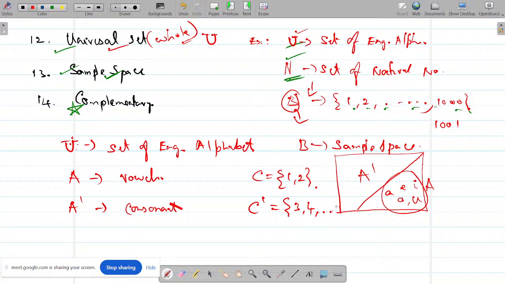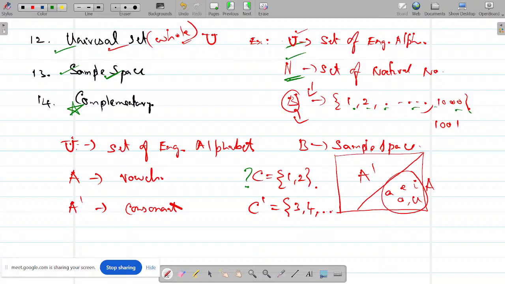Why do you say 1000? Please check the nature of C. What is C? I have taken C from B. I just took 1 and 2. We were working in a sequence, so your mind started working in a sequence.